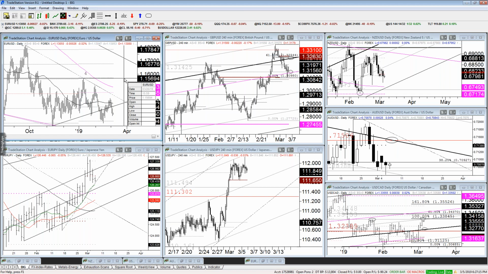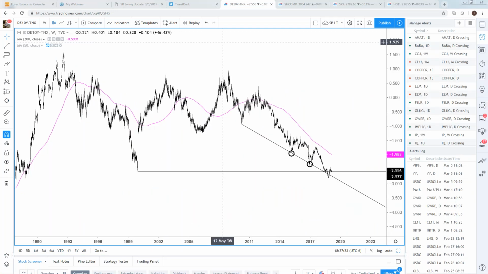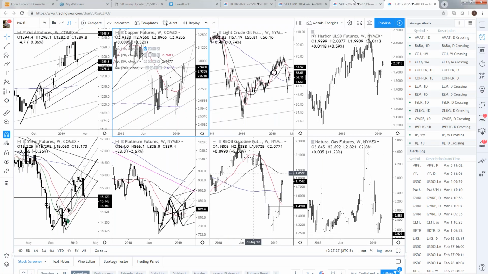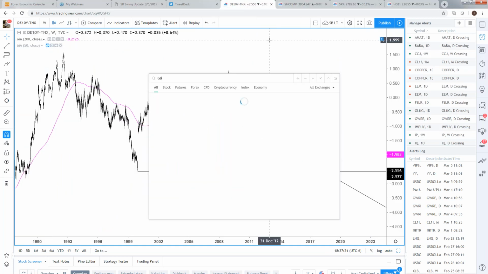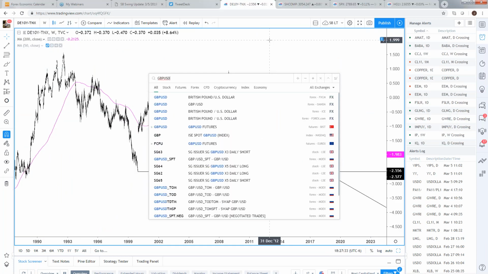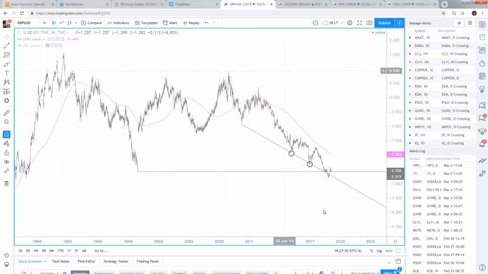All right, let's go to cable. Go back to a little longer term chart here on cable.